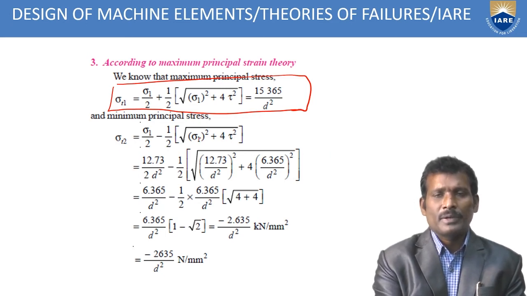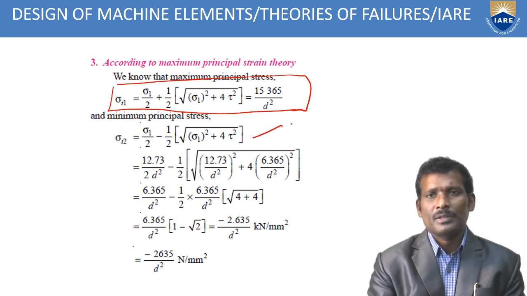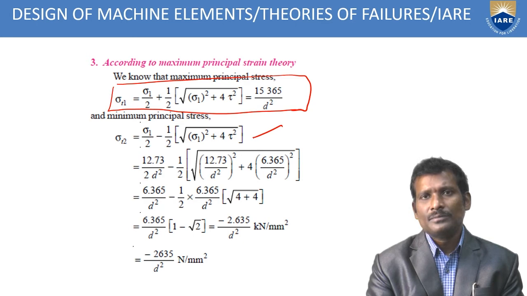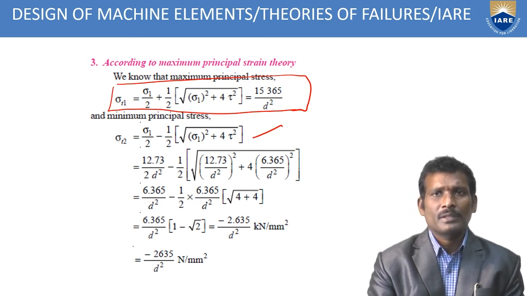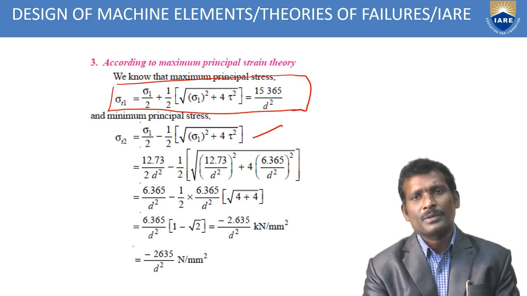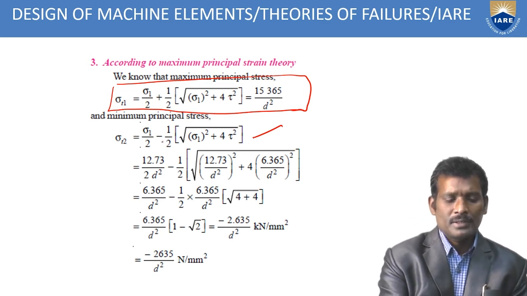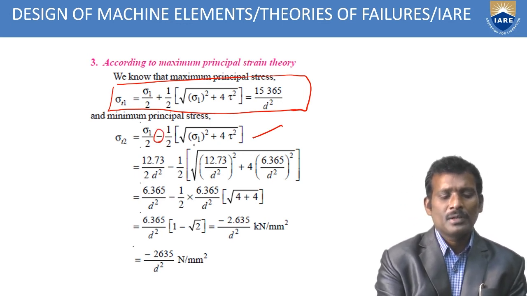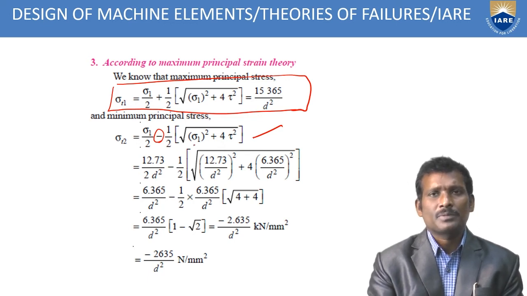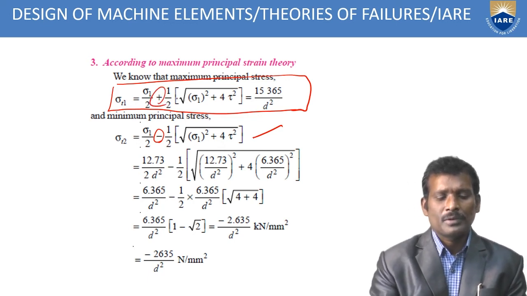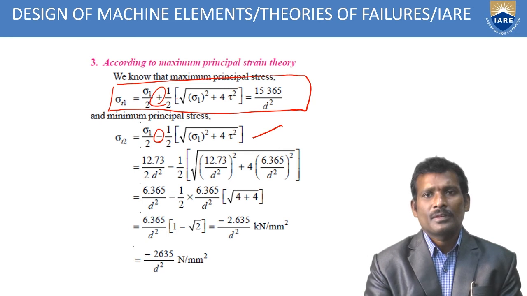So here the minimum principal stress is equal to sigma 1 by 2 minus half multiplied with square root of sigma 1 square plus 4 tau square. So find out here in principal strain theory the maximum principal stress and minimum principal stress. The only difference is the negative sign.